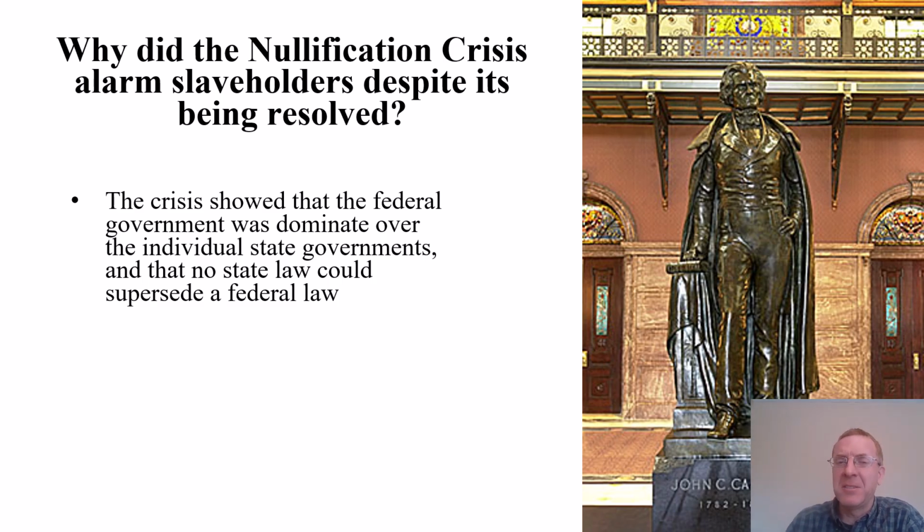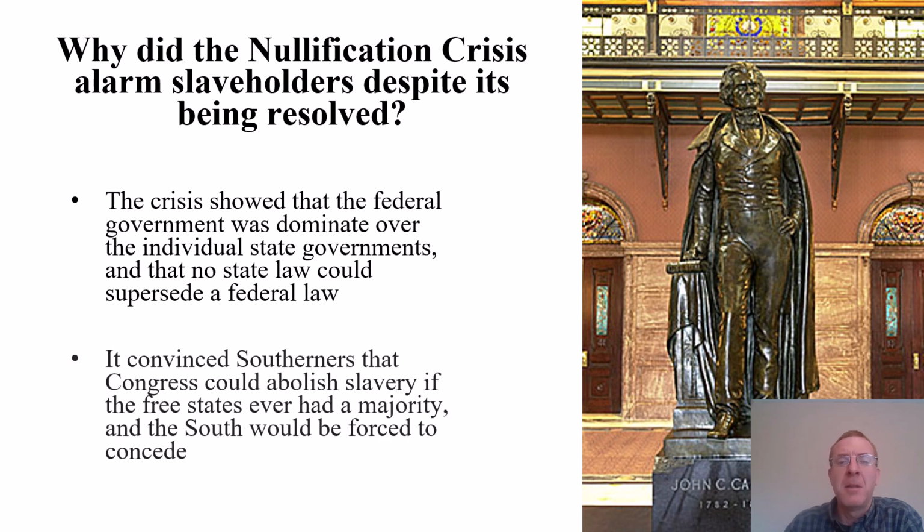South Carolinians and a lot of Southerners as well don't like that idea. And therefore, a lot of Southerners were convinced that Congress could abolish slavery itself. All it would take would be the free states to have a majority in the United States Senate. They could present a bill to abolish slavery, and if they have the majority, those free senators would vote to abolish slavery.